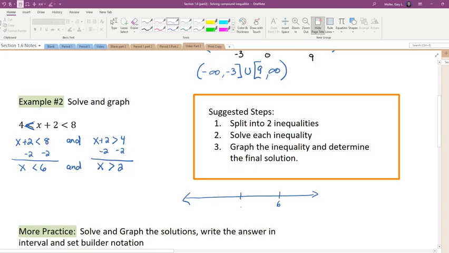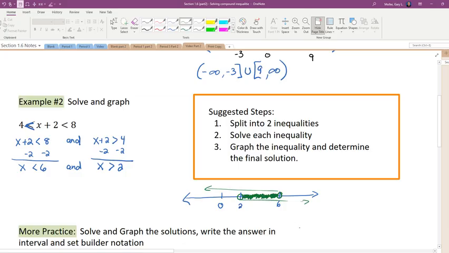Let's call this 2. 0 would be over here. x is less than 6. So that would be everything starting here and going down. And x is greater than 2. That would be everything starting here and going up. And so those are not the answers. The answer is which points actually meet those criteria, and that would be those guys right there.